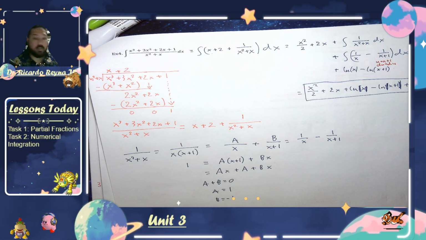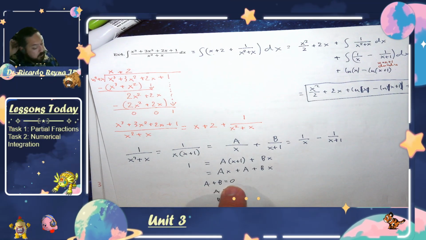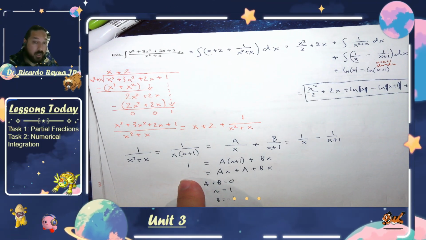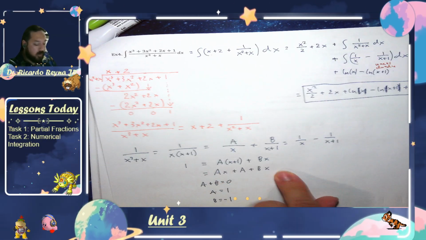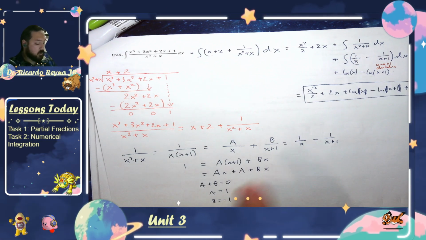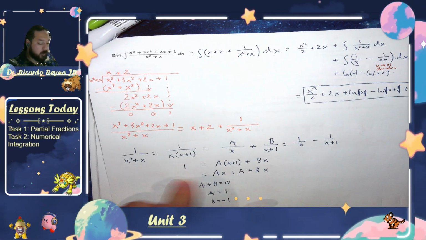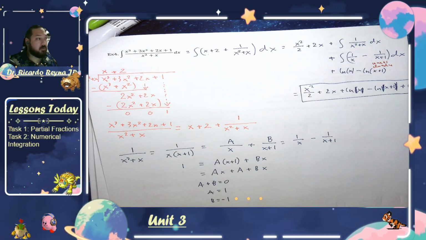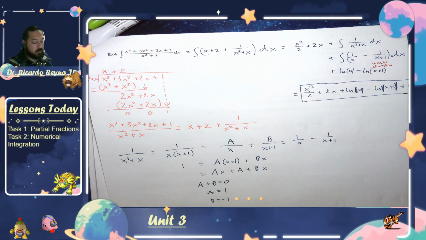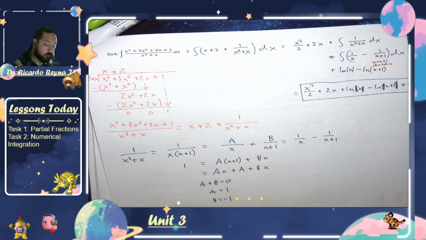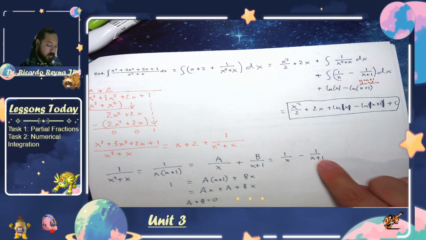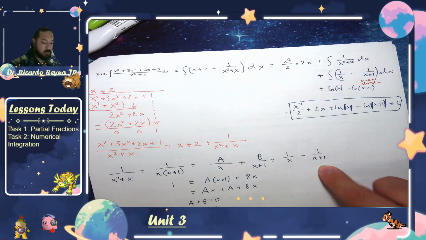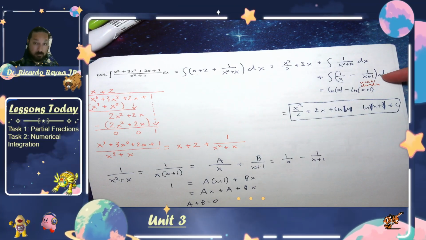So I talked over myself. A plus B is equal to 0 because there's no x term on the left. But A is the only numeric value without a variable attached to it. So A is equal to the only numeric value on the left, which is just 1. Using that, A plus B equals 0 means B is negative 1. So it'll be 1 over x minus 1 over x plus 1. So A is 1, B is negative 1. So I can split up that integral over here.